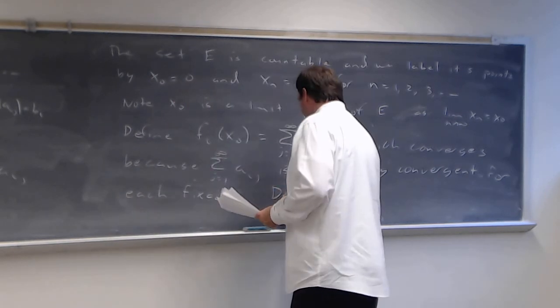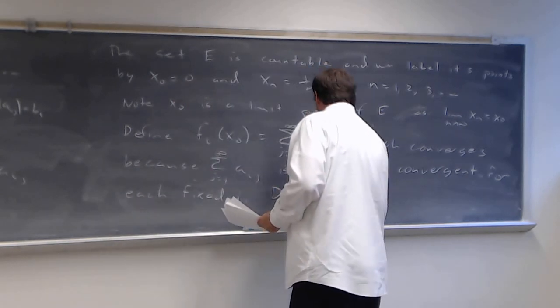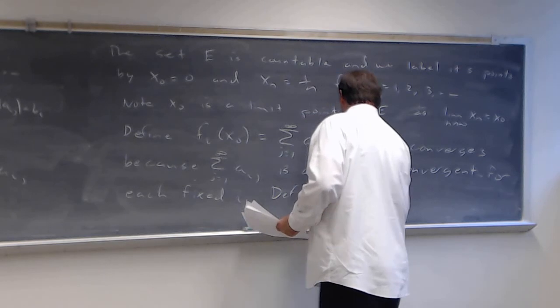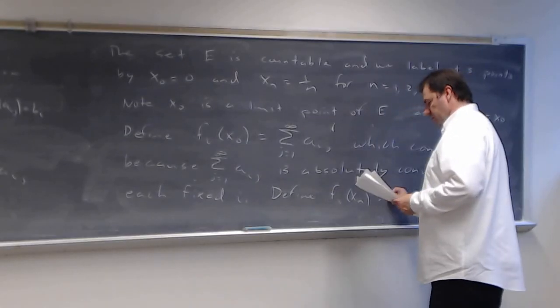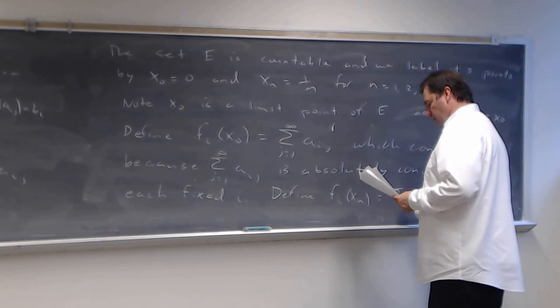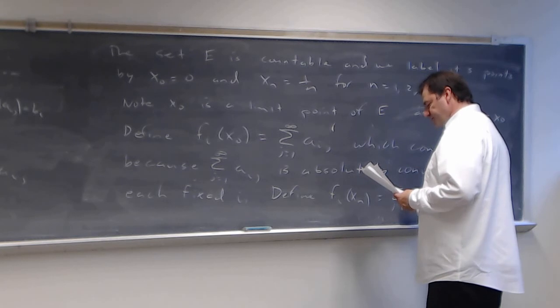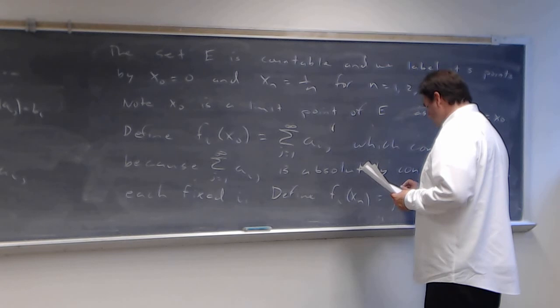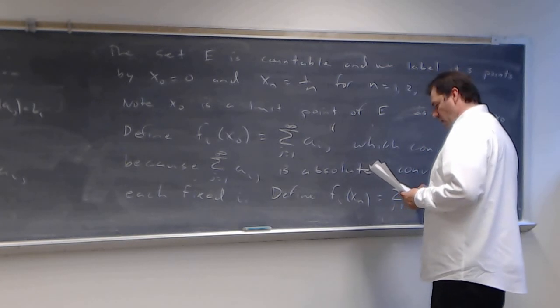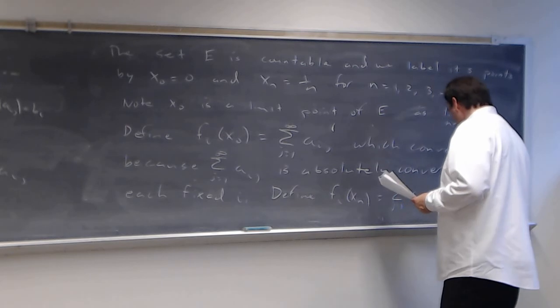Now we're going to define f sub i of x of n, any other point in E, equal to the sum as j runs from 1 to n of a sub ij.